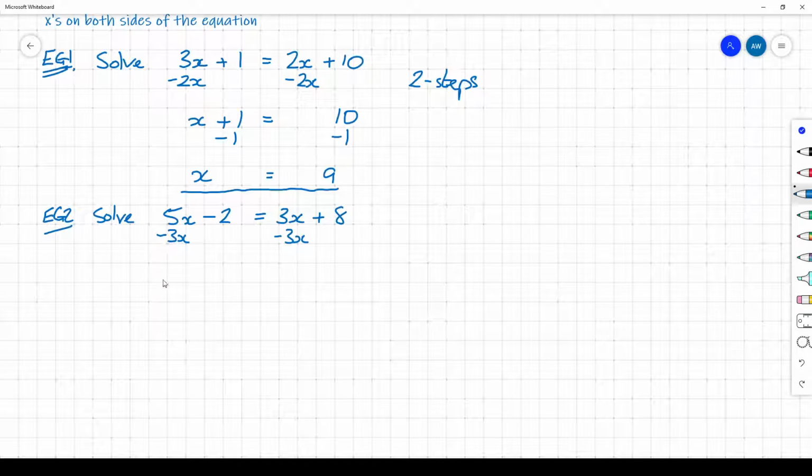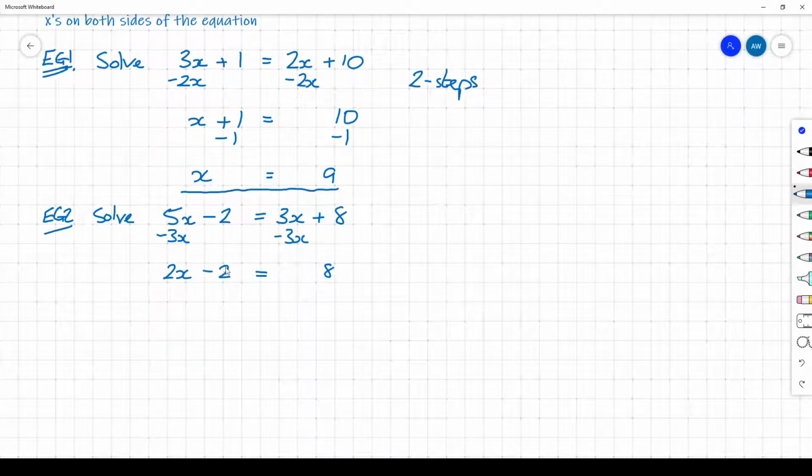So 5x take away 3x is 2x. Minus 2, didn't touch it, so it's still minus 2. Equals 3x take away 3x, nothing. Plus 8, 8. Notice I'm working down the page all the time. I keep my equal signs in a line as well, so it's nice and clear for everyone to see, including myself.